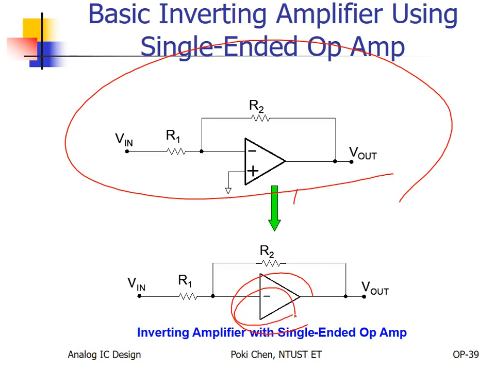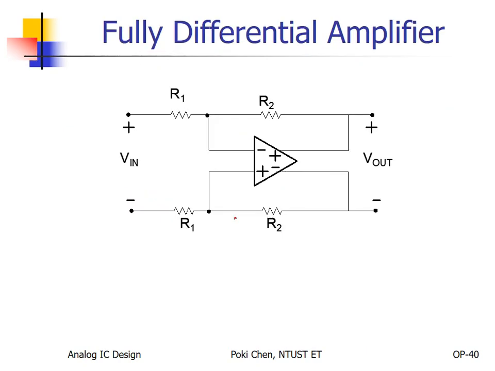That's it. Okay, so it means what? The input becomes single-ended instead of differential. Right? Yeah, it is possible. But sometimes we have such kind of fully differential, it means both input and output should be differential.